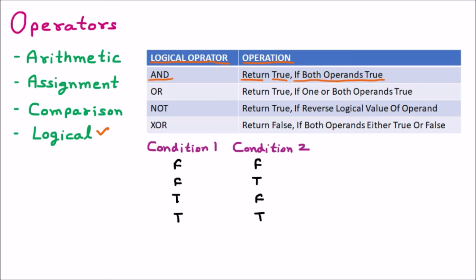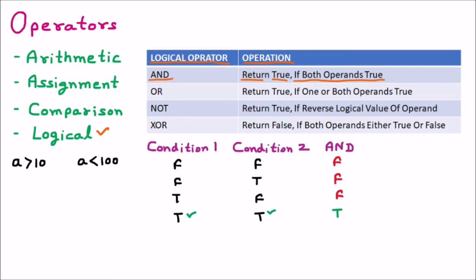So first of all we have the AND operator. The AND operator says that if both the conditions are true, only then it will become true, otherwise it will become false. So for all other options, it will be false. Let's say in the program we write A greater than 10, and correspondingly we write A less than 100.